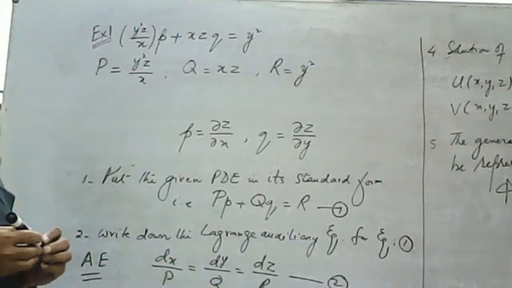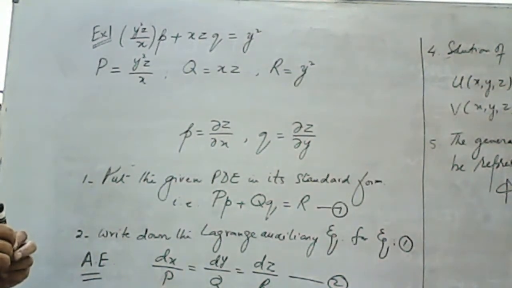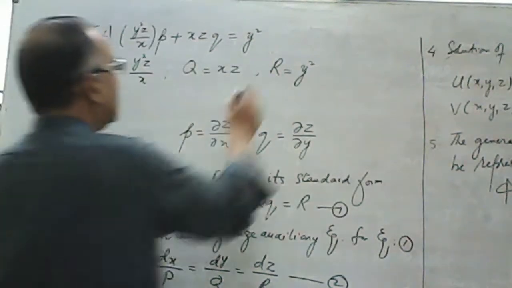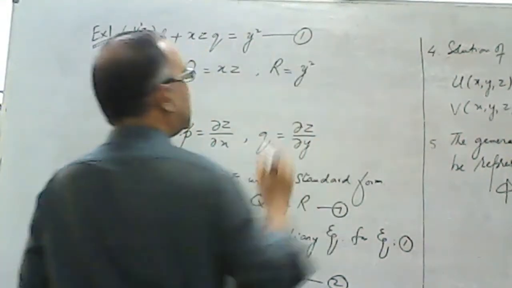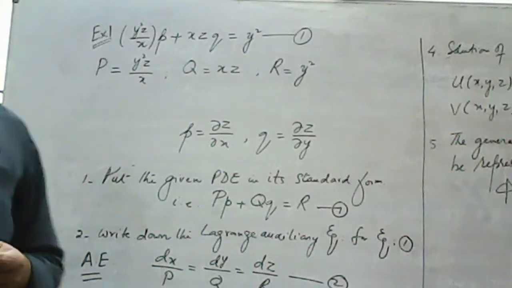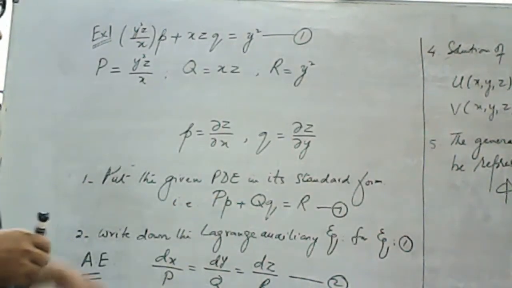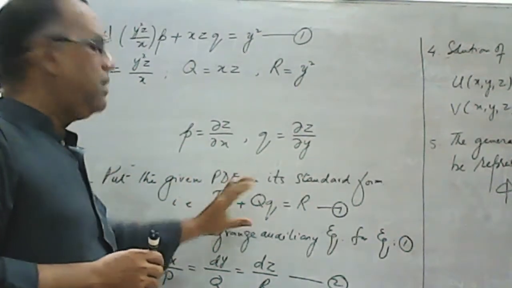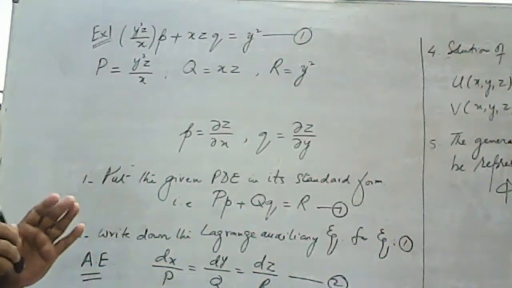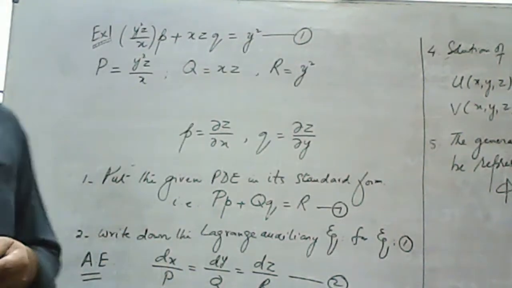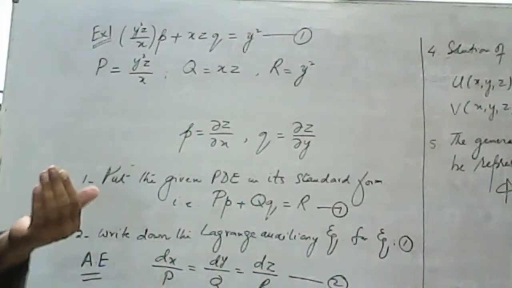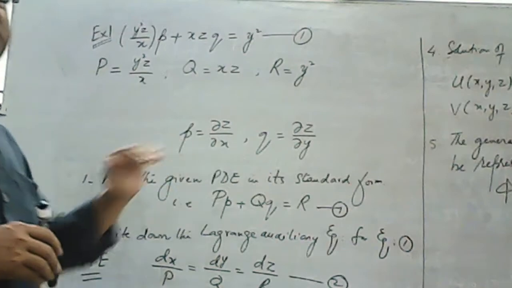and whatever term appears on the right hand side will be capital R. So look, this equation 1 is already given in its standard form. As I told you, in more than 90% of cases, generally we have the PDE in its standard form. But I will take up some questions in which the given PDE will not be in its standard form.